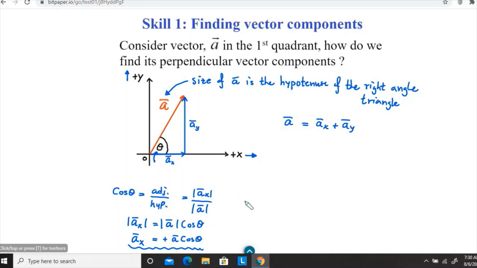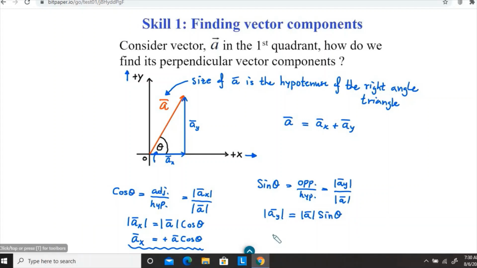Now similarly, I'm going to consider the definition of sine theta. That's the opposite side divided by the hypotenuse. Just like the previous case, it's going to be the magnitude of the Ay vector over the magnitude of the A vector, and you'll see that the magnitude of Ay vector is the magnitude of A vector times the sine theta function.